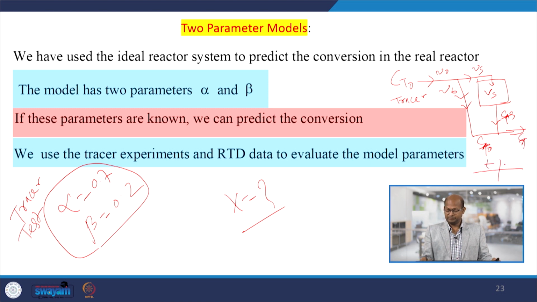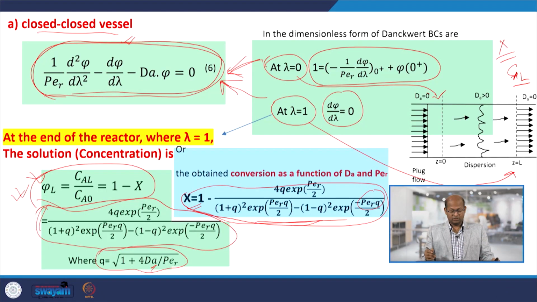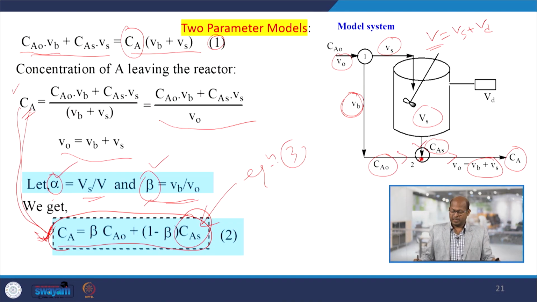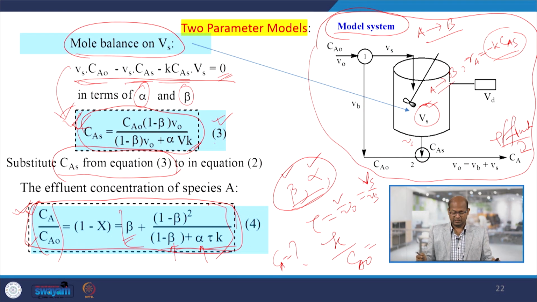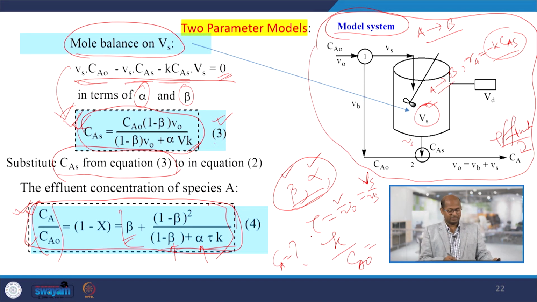At different times we can measure C_T with the help of the tracer test. Once we have the tracer test and we have developed the equations using the two-parameter model, using this system we can easily find alpha and beta and substitute them here.